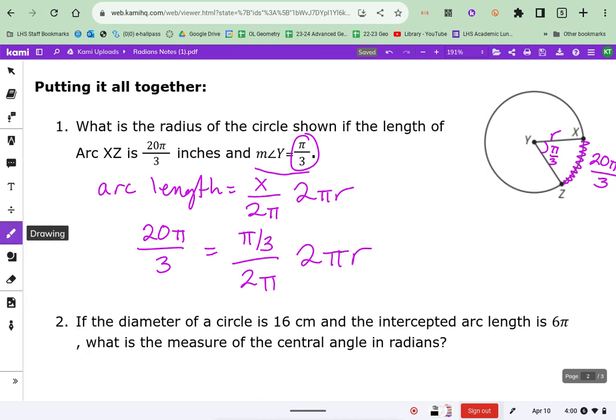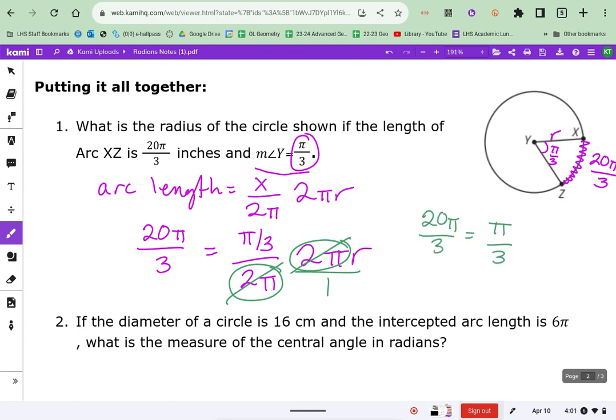Now, one thing that you might notice is 2 pi r is the same as 2 pi r over 1, which means I have this 2 pi in the denominator and this 2 pi in the numerator, which means they divide to 1 and they cancel. So what I'm left with is 20 pi over 3 equals pi over 3 times r.